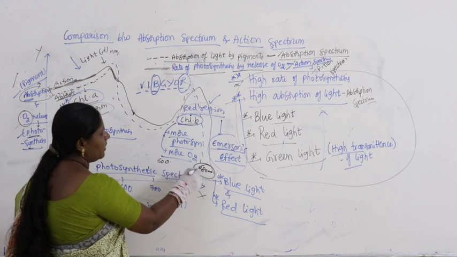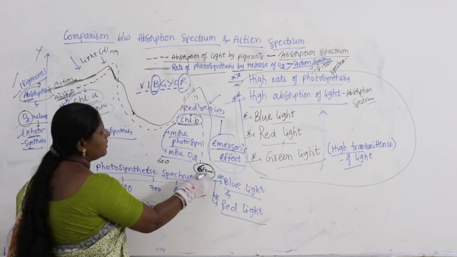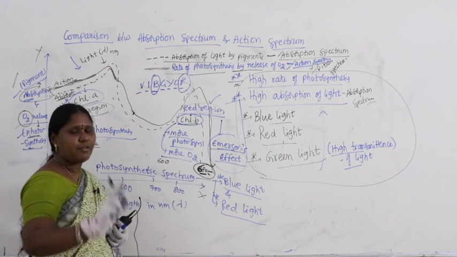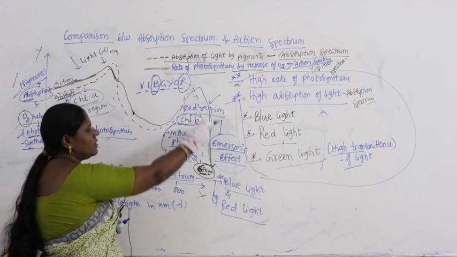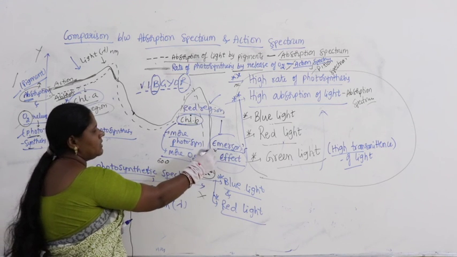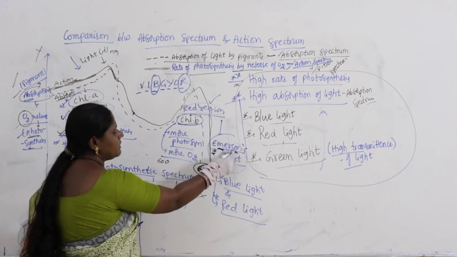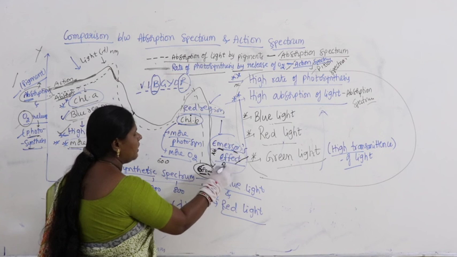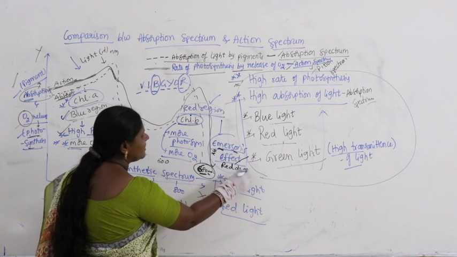But remember, after 680 nanometers there is a decrease in photosynthesis. That was studied by Emerson and it is called the Emerson effect, which we will discuss. It is also called red drop. Why do you call this red drop?